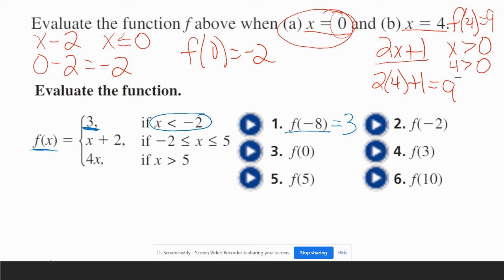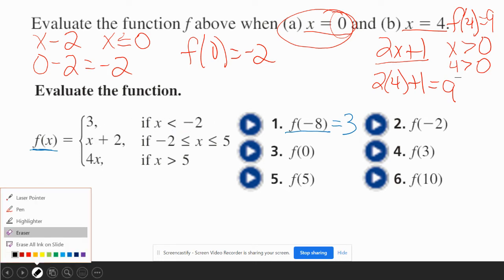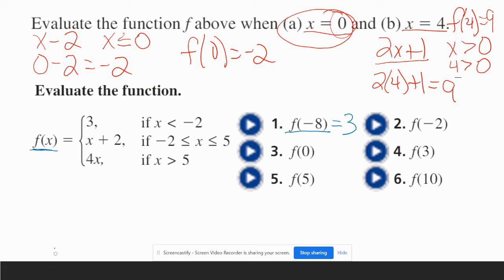Number 2, we have f of negative 2. Okay, so where does our graph fit negative 2? Here I have negative 2. There's an equal to. So that means that we're plugging in negative 2 to this equation. Negative 2 plus 2 is 0.